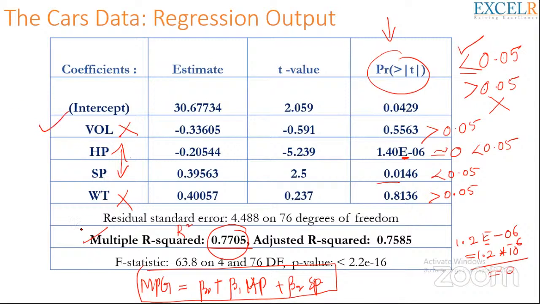See, we are saying that volume and weight are not significant, meaning the volume and weight are not going to have any effect in deciding mileage. Is it so? Do you agree if I say that, no matter how big your cab space is, how much weight your vehicle has, it doesn't have any effect on MPG?